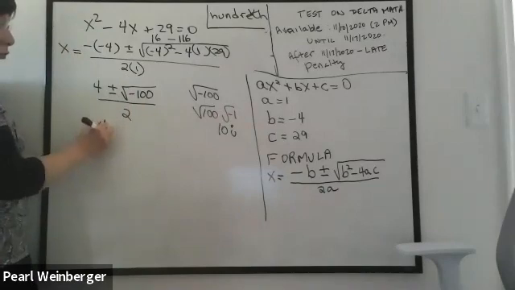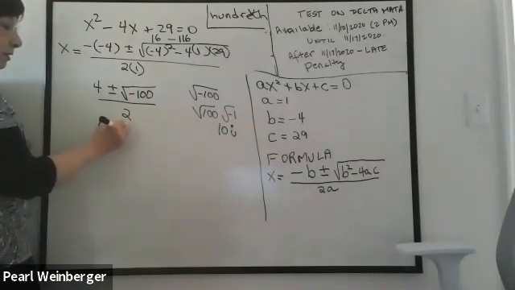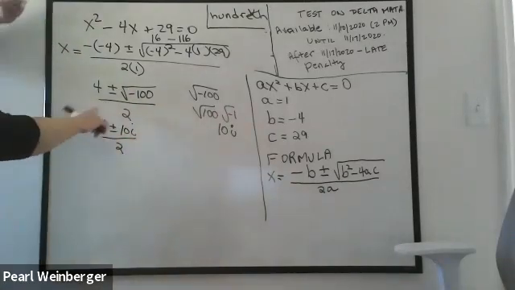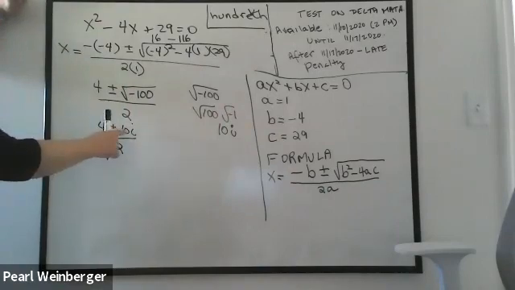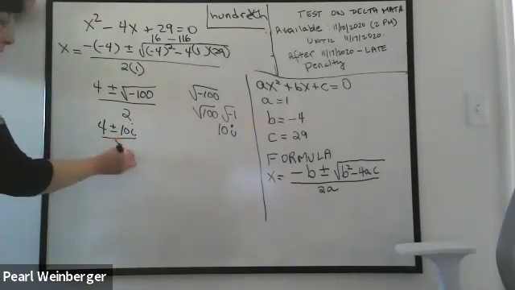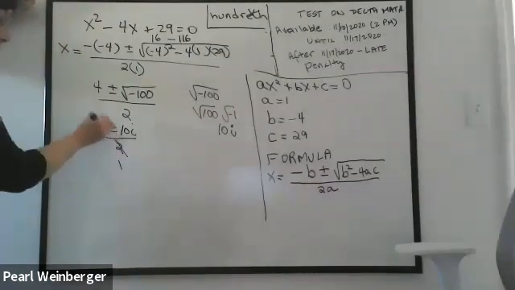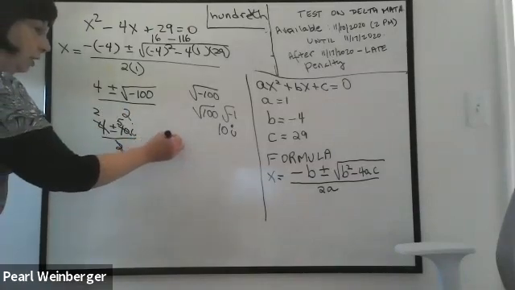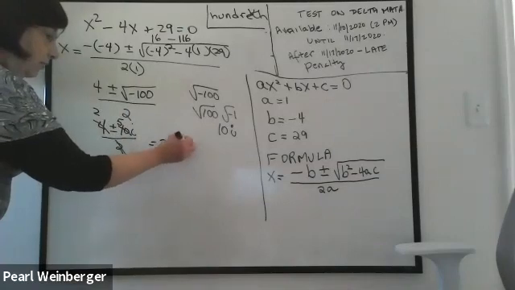So this becomes 4 plus or minus 10i divided by 2. And if you notice, all 3 terms, the 4, the 10i, and the 2 can all be divided by 2. This becomes a 1, this becomes a 2, and this becomes a 5, so that my answer comes out to be 2 plus or minus 5i.